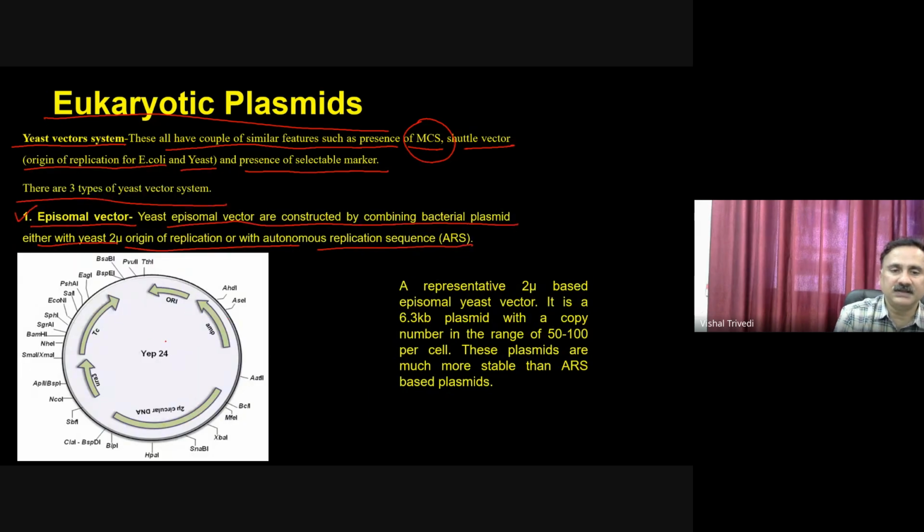So this is the YEp24, which is a yeast episomal vector, a 2 micron based episomal vector. It is a 6.3 kb plasmid with a copy number in the range of 50 to 200. And these plasmids are much more stable than the ARS based, or autonomously replicating sequence based, plasmids.